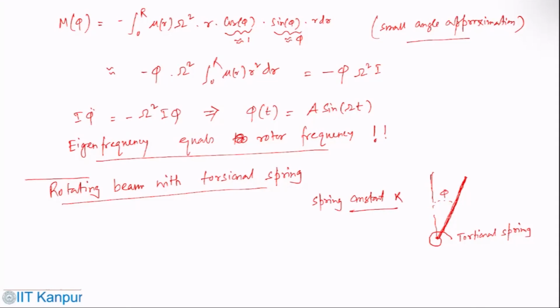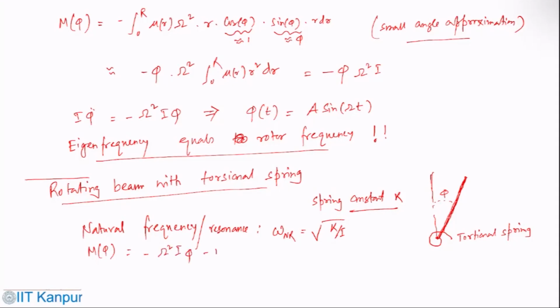Now the natural frequency, or the natural resonance, omega NR is the root of k by I. M of phi is minus omega square I phi minus k phi.